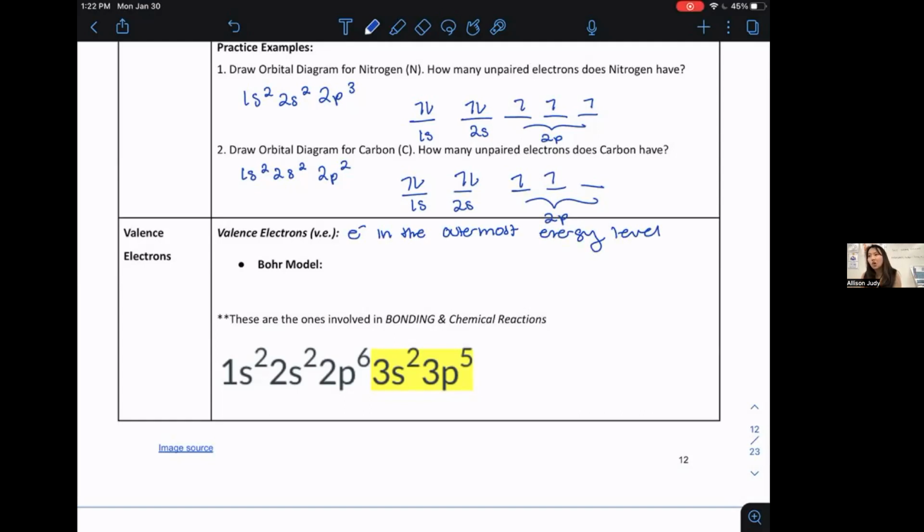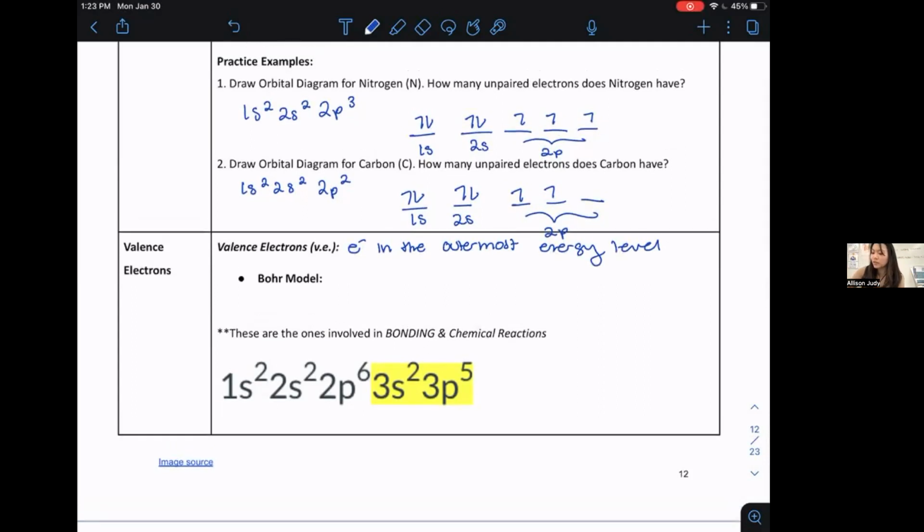But not all atoms are going to fill the 7 rings or 7 orbits, or the updated version, 7 principal quantum numbers, 7 energy levels. So it's the electrons that are in the highest energy level. In the Bohr model, it's the outermost ring or orbit.